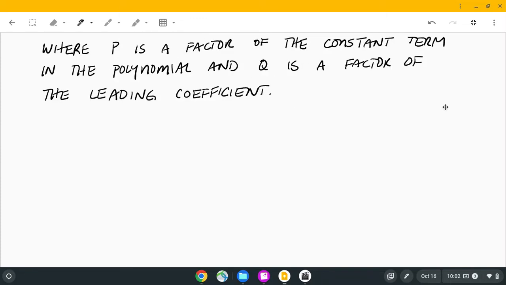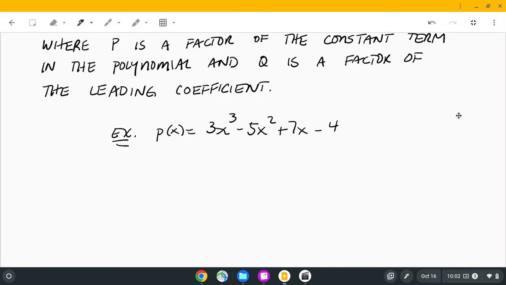So here's an example. If you have a polynomial, p of x equals 3x cubed minus 5x squared plus 7x minus 4. Here is your constant term, the one that does not have an x.